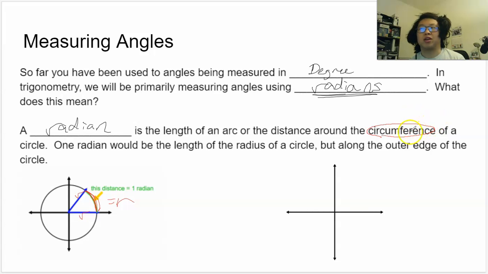The radius makes up this one arc, which is part of your circumference, the outer edge of the circle. So when we talk about the entire rotation of the circle, this will hopefully make a lot more sense.